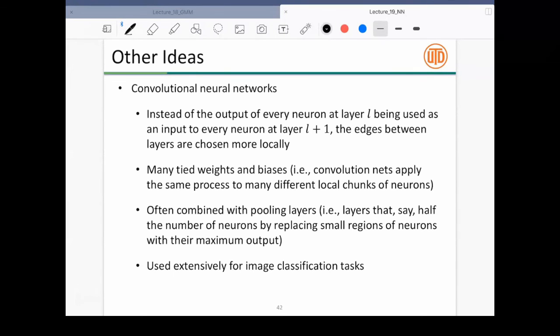Okay, so in convolutional neural networks, instead of the output of every neuron at layer L being used as the input to every neuron at the next layer, edges between layers are chosen more locally, right? This is particularly applicable for images, because each instance in an image is a pixel, right?